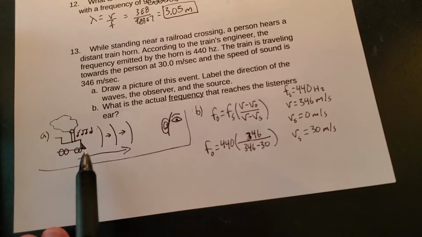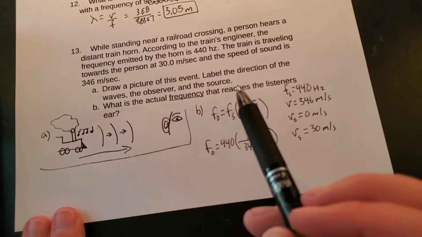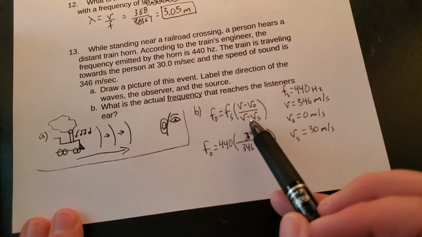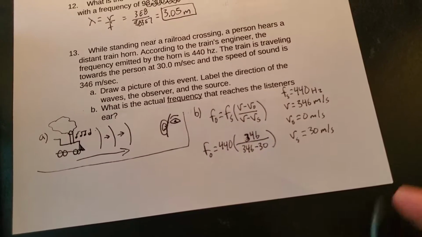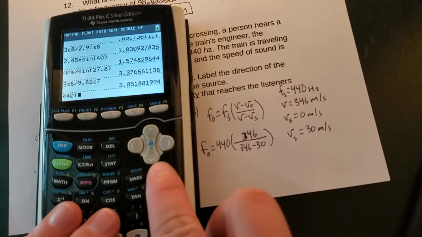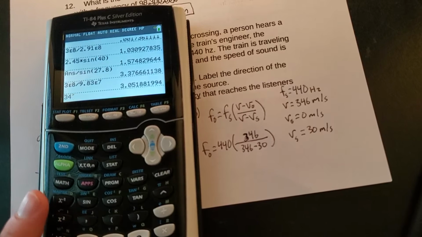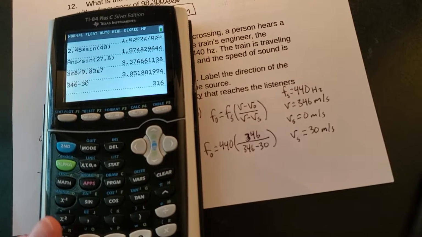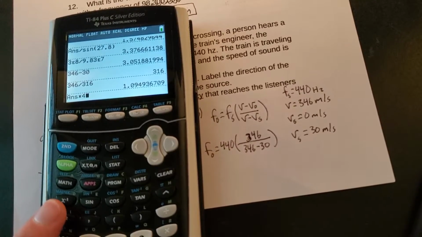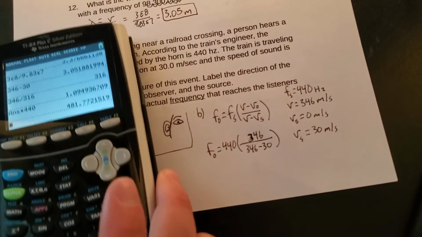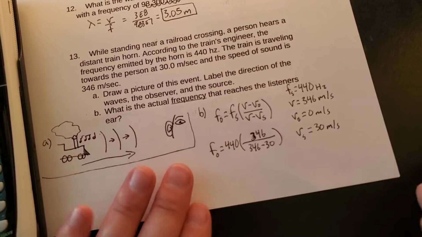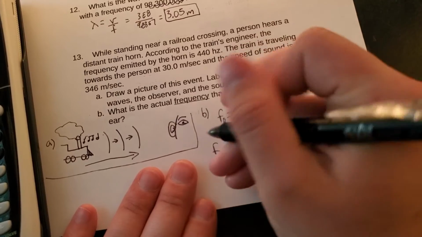Because it's a positive velocity, the train is going in the same direction as the waves. That's a positive velocity, so when we plug it into our equation, it is subtracting from the velocity itself. 346 divided by 316, multiplied by 440, we get a frequency that we observe of 481.8 hertz.